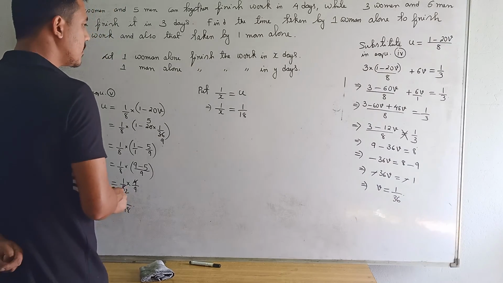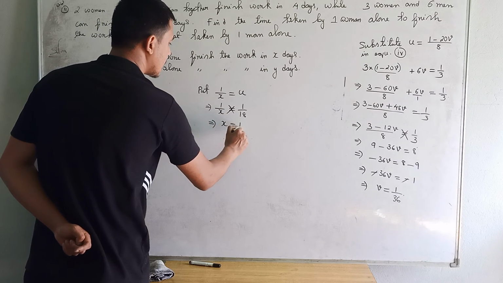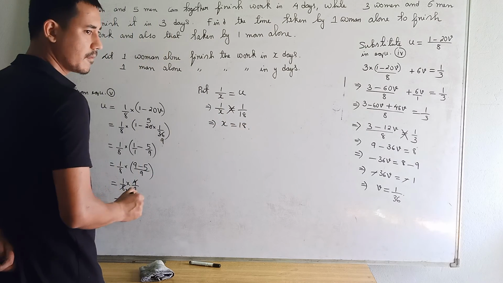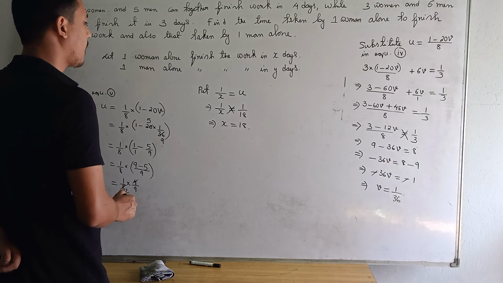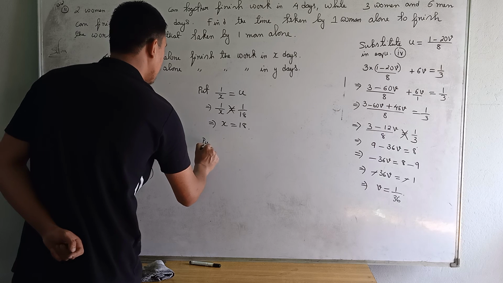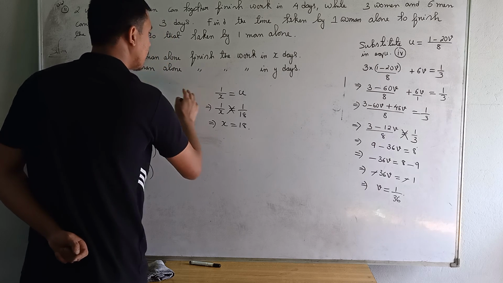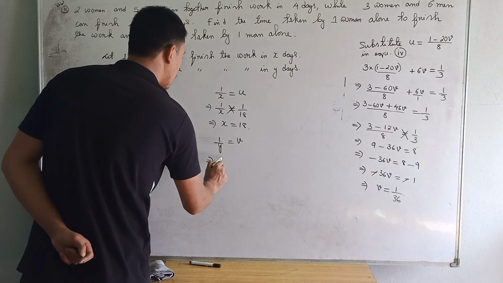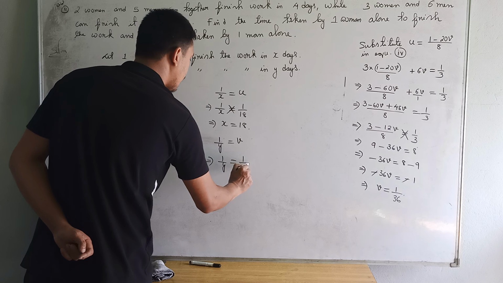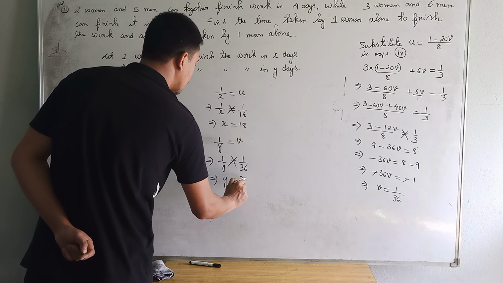So if you cross multiply, this gives you x as 18. And you have taken 1 by y to be v, right? So 1 by y equals v, which is 1 upon 36. So if you cross multiply, y will be equal to 36.